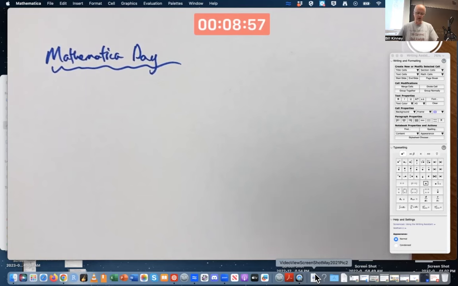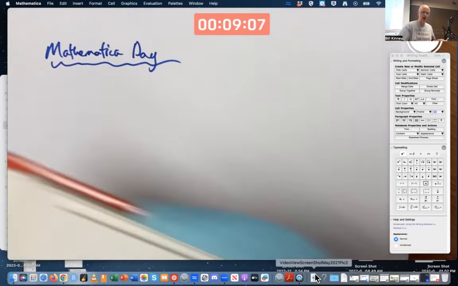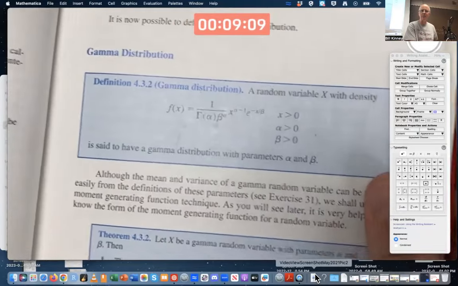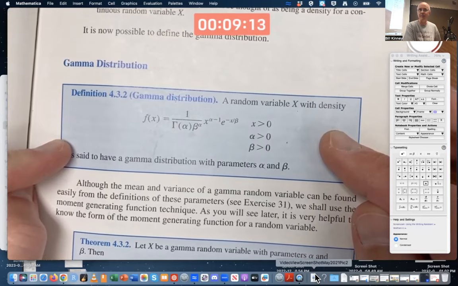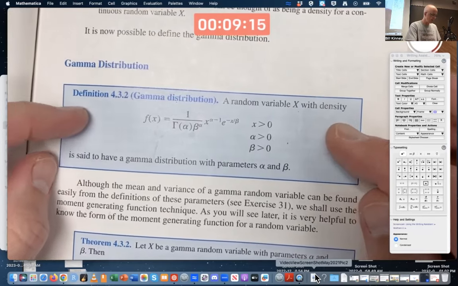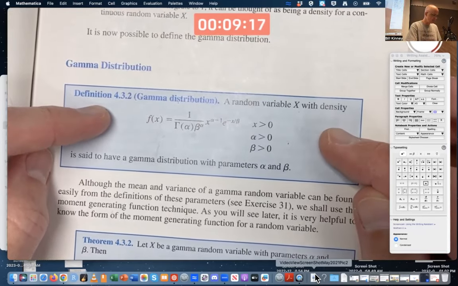The gamma distribution is important because it contains many distributions as what you might call sub-distributions, the exponential and chi-square being the most prominent. Again, here was its probability density function. Yes, PDF, not PMF, not probability mass function. Probability density function.